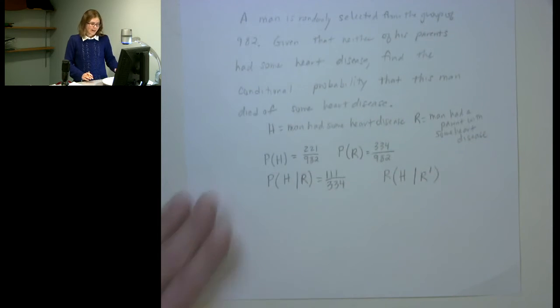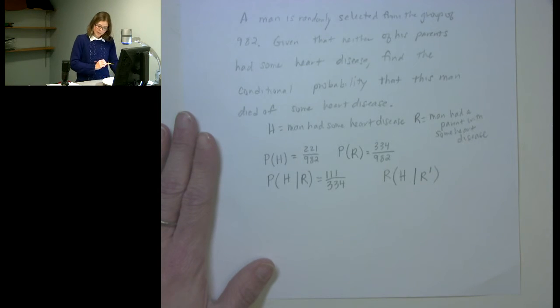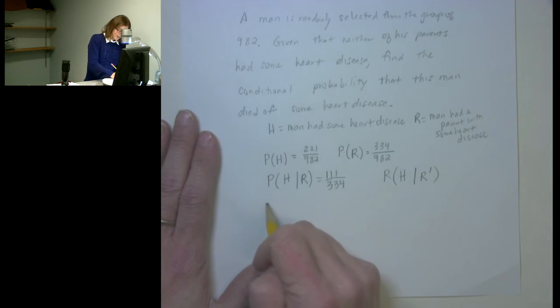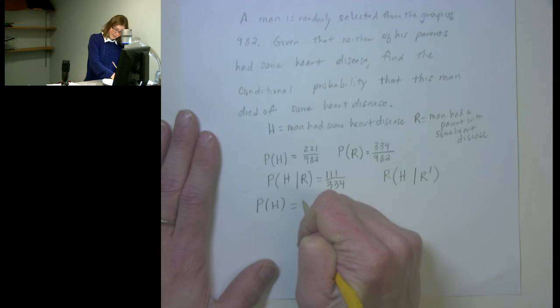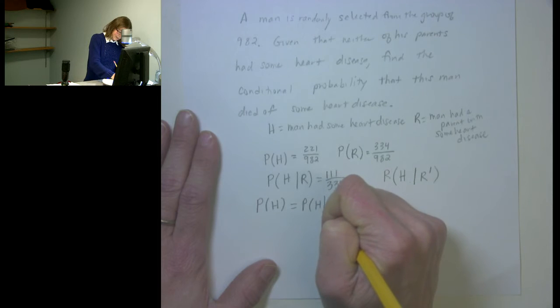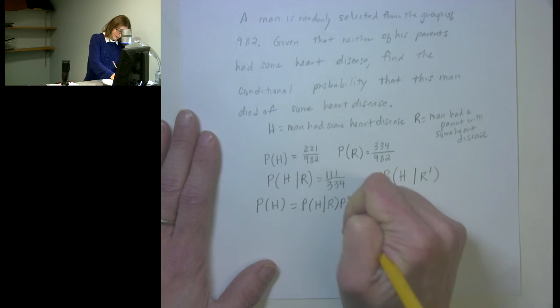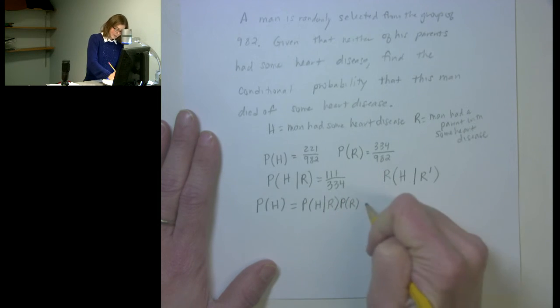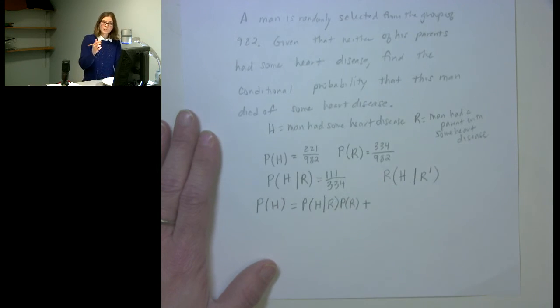So one of the ways that I can approach this problem is to start off by thinking, okay, if I want to find this probability, the probability of having some heart disease is equal to the probability of having some heart disease given that a parent had some heart disease, and that is given to me, times the probability that I had a parent with some heart disease, plus, having a parent with some heart disease versus not having a parent, those are mutually exclusive and exhaustive.